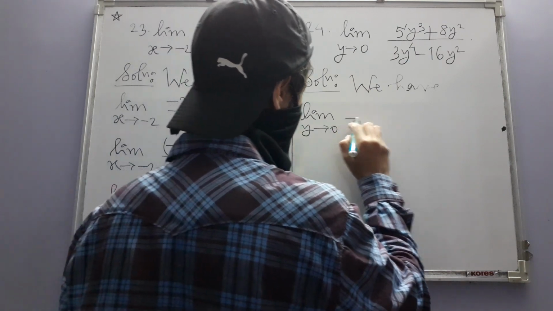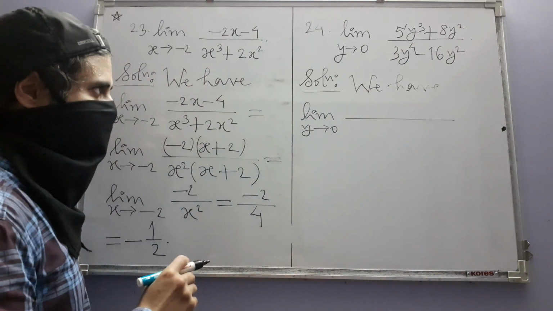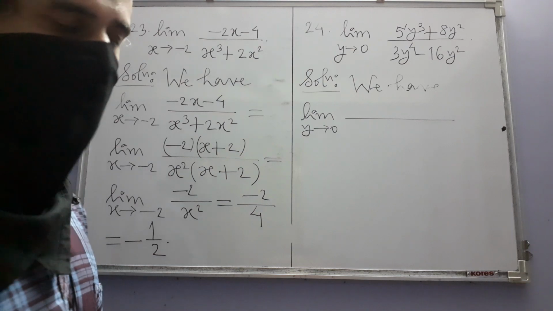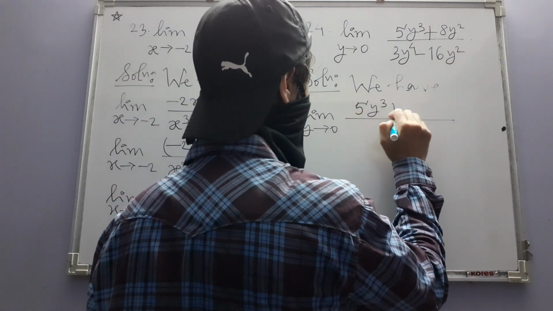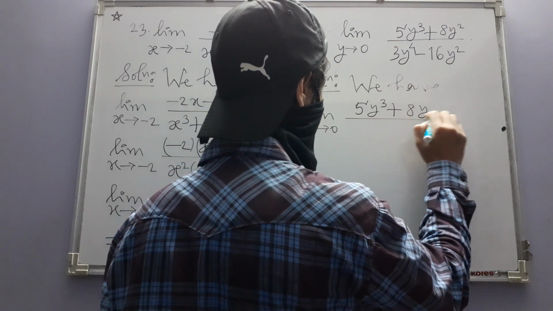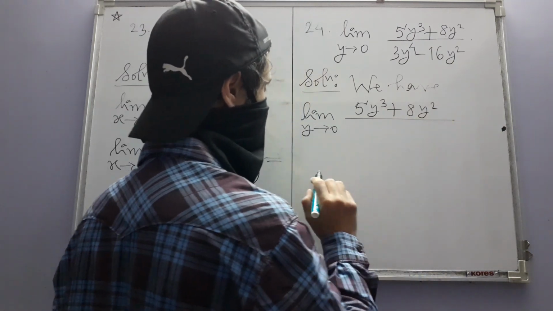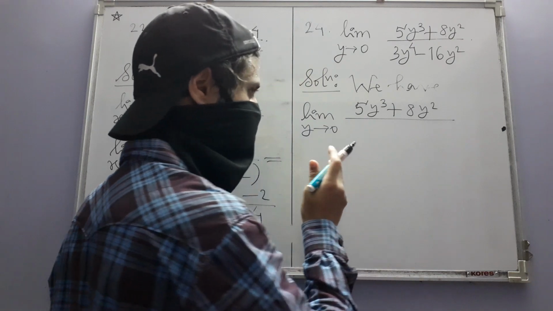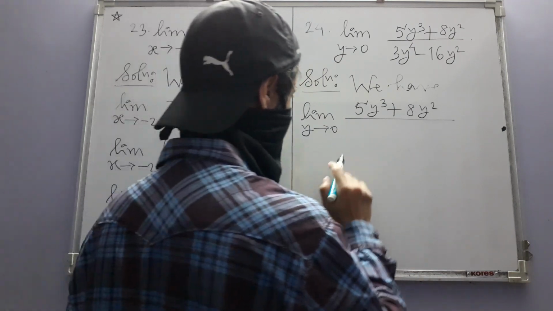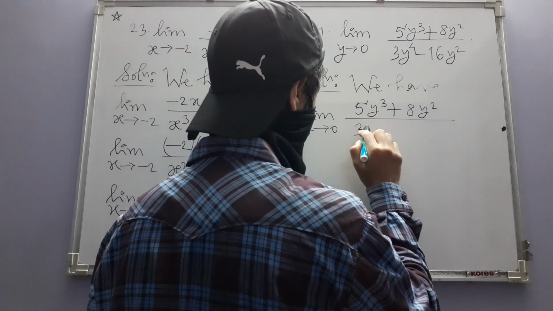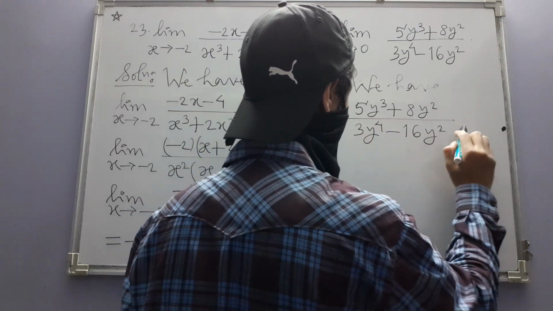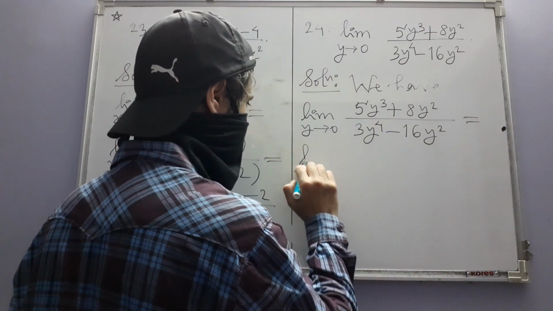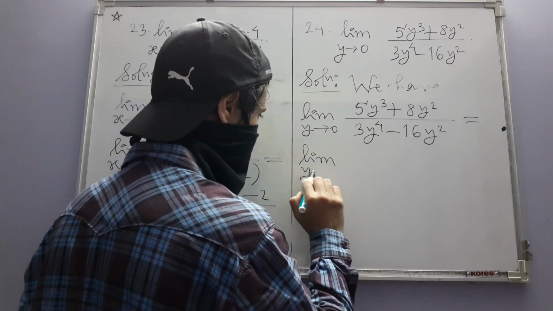So in this case, the problematic factor is actually y. Y minus 0 is y. And we can get rid of y. In fact, we can get rid of y square because that appears in the numerator as well as in the denominator throughout. Like this.